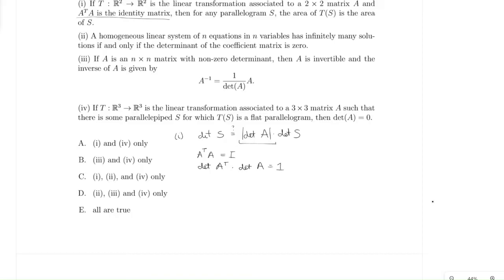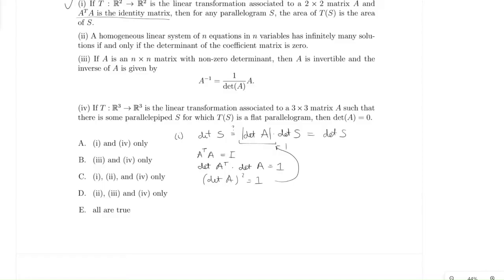We can also apply the property that the determinant of the transpose of A is equal to the determinant of A. This means that the determinant of A squared equals 1. So the determinant of A is going to be absolute valued. Either way, the magnitude of the determinant is going to be 1. So this means that this is going to be 1 no matter what. So that means that it is equal to the determinant of S. So this statement is true.